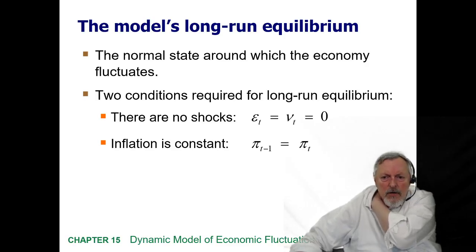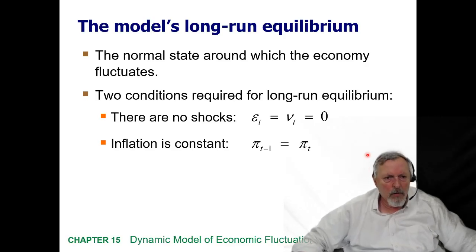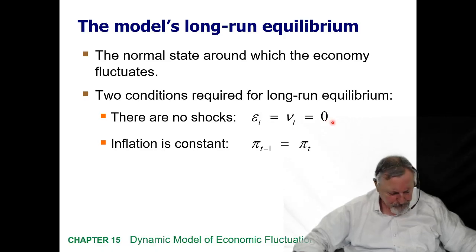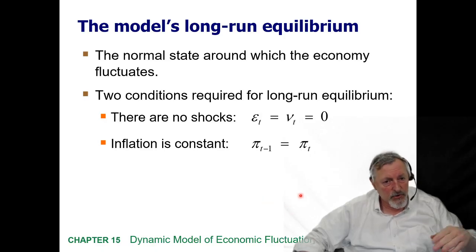Okay. In the long run, there are no shocks. So both shock terms are zero. And in the long run, inflation will be stable at some level. So these are the conditions for the economy's long-run equilibrium around which it will oscillate over the business cycle.